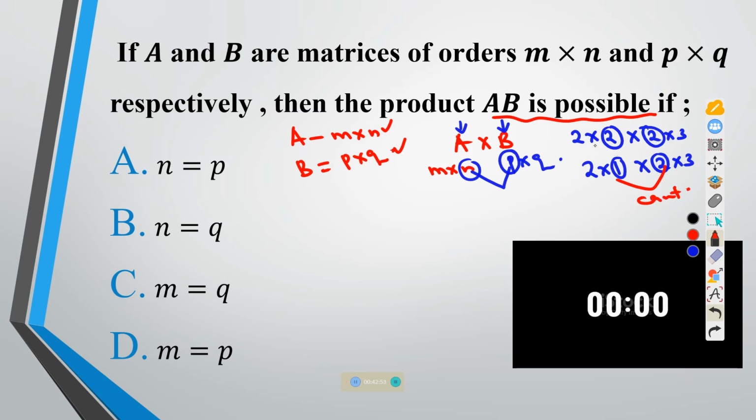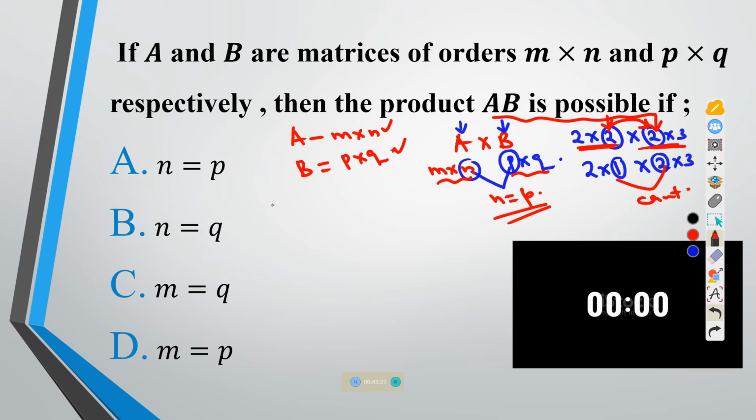So for the two matrices to give us the product, the number of columns here must be the same as the number of rows in this matrix. So if we are multiplying A and B, where A is M by N and B is P by Q, then N must be equal to P. Otherwise, the two matrices cannot be multiplied.